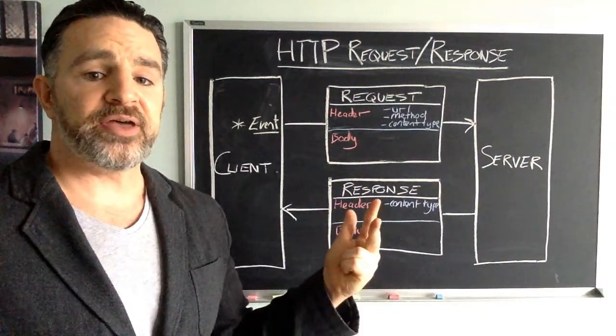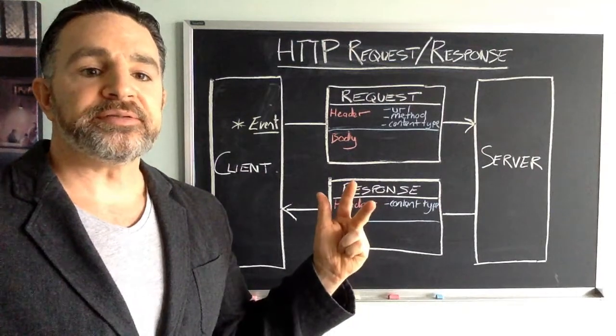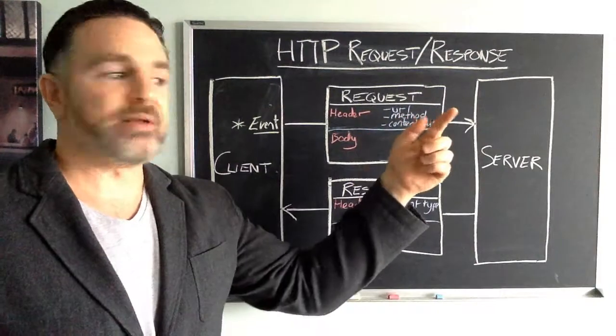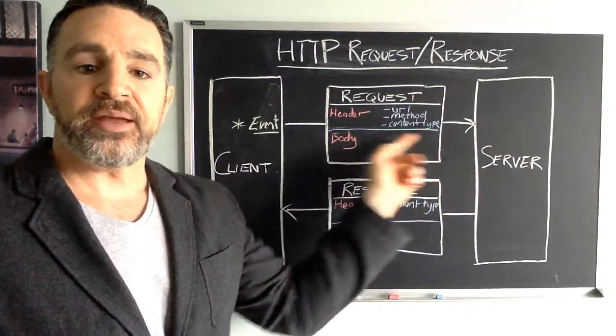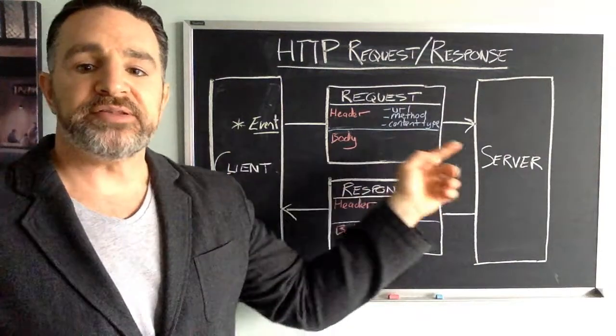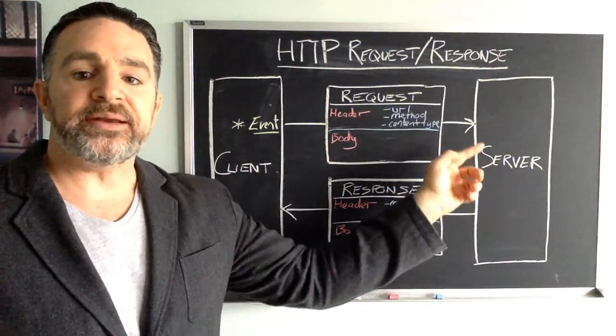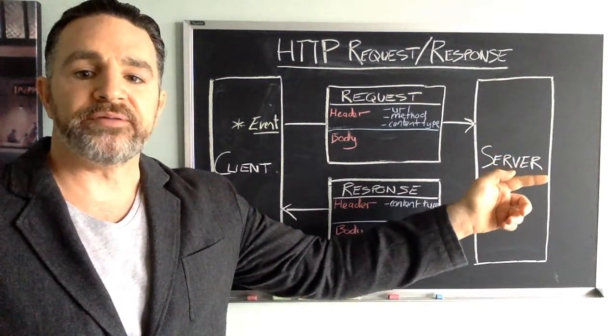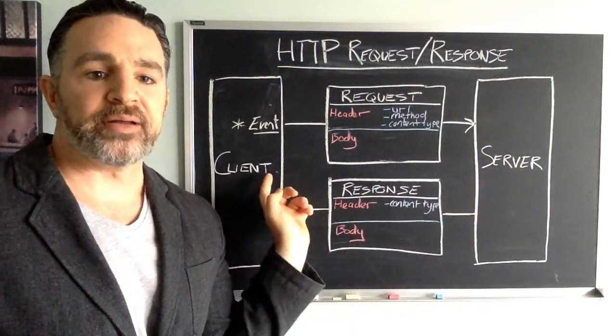Now the third big difference is that the logic to create our page is not going to be done on the server, it's going to be done on the client side. Previously, using EJS, EJS dynamically created our page on the server and then sent the whole thing back to the client.